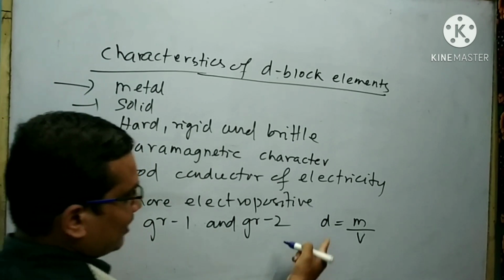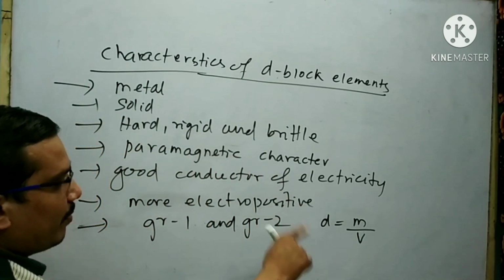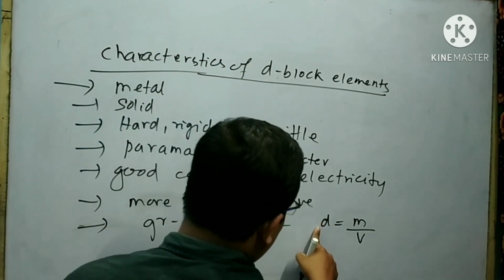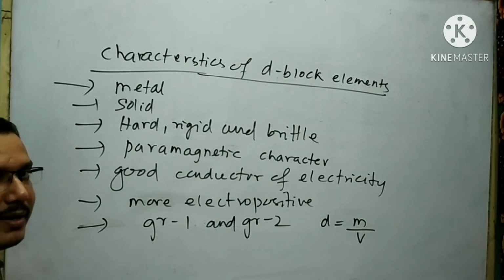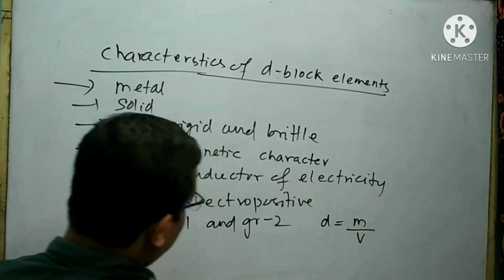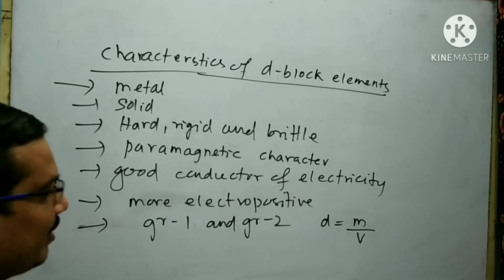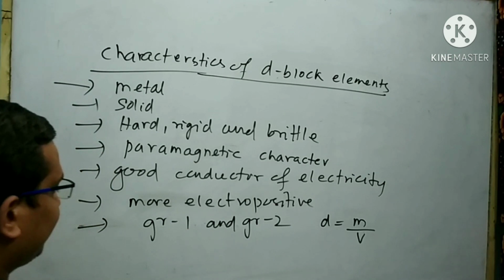Density and volume are inversely proportional to each other. If volume decreases, then density increases. So the density of D block elements is higher than the density of group 1 and group 2 elements, because group 1 and 2 elements are present before the transition elements.